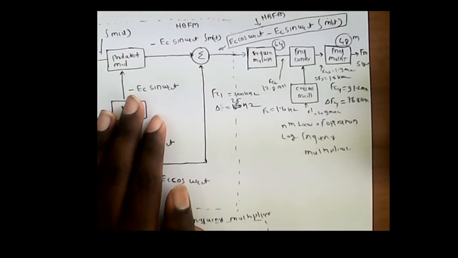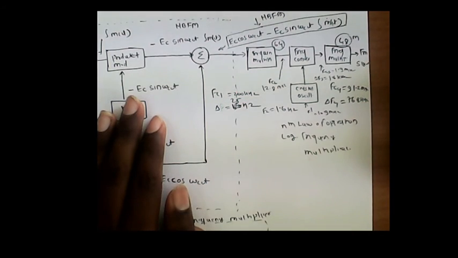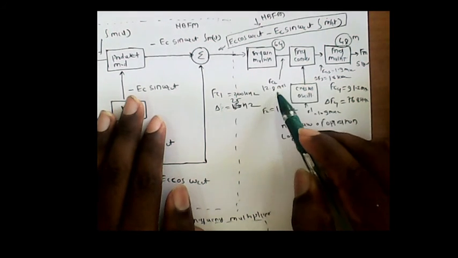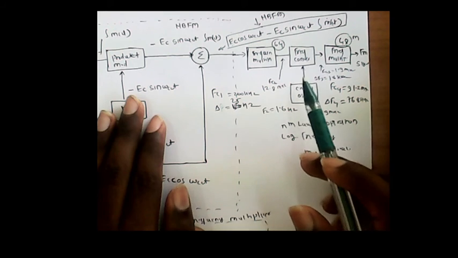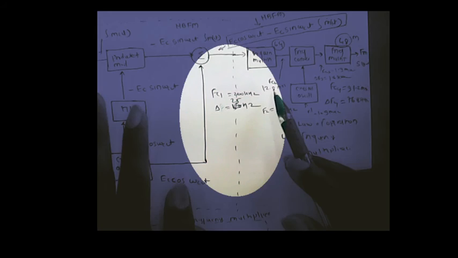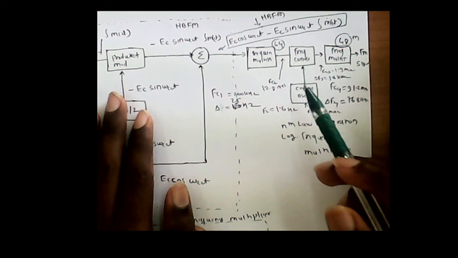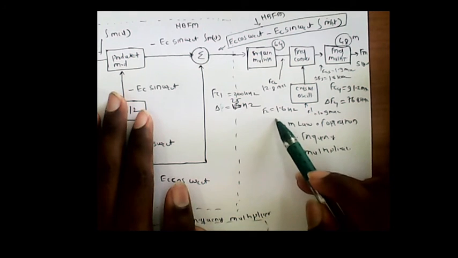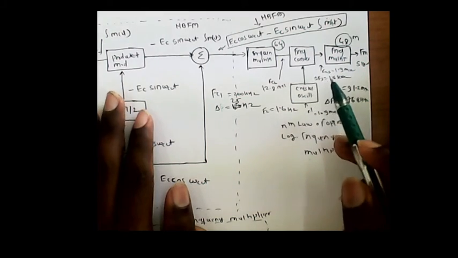The frequency conversion takes place in such a way that after the first frequency multiplier by 64, the output comes out at 12.8 MHz, and the frequency deviation becomes 1.6 kHz. After the frequency converter, there is no change in the frequency deviation, so it remains the same.